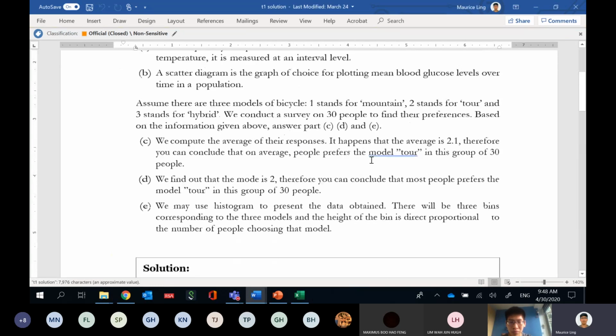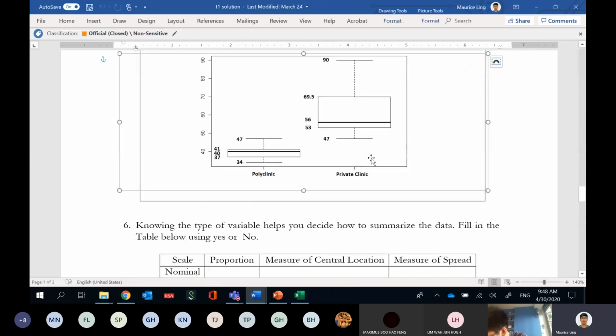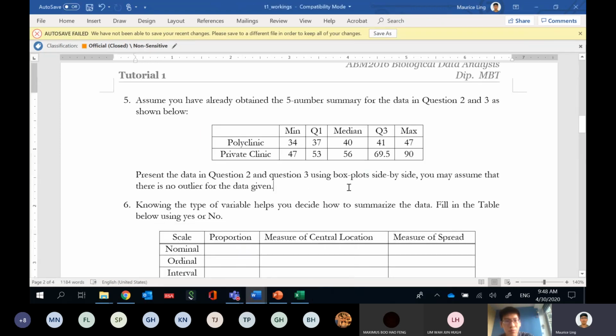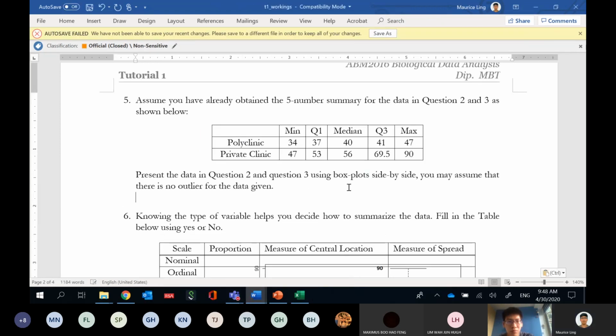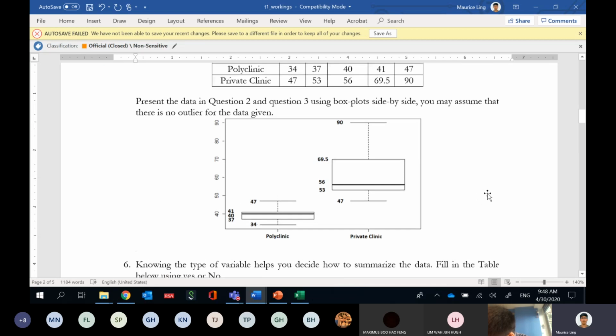Okay, so this is the answer for the box plot.